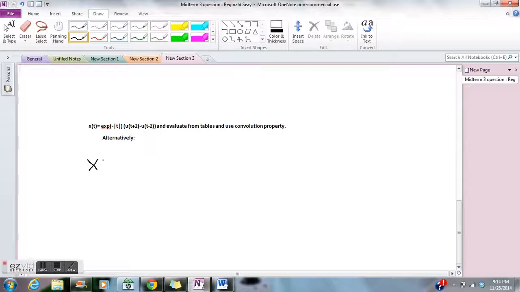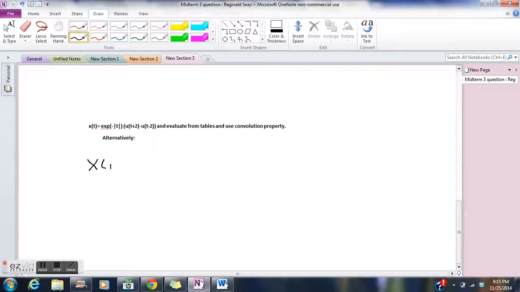So for the second one, we have x of t is equal to the exponential of negative the absolute value of t, excuse me, and then that's times u of t plus 2 minus u of t minus 2.